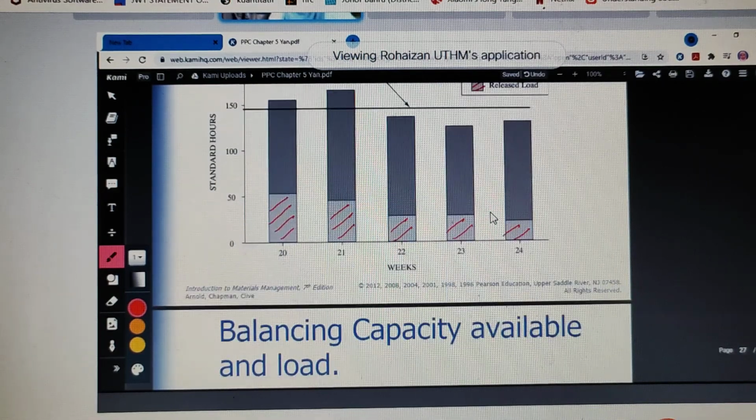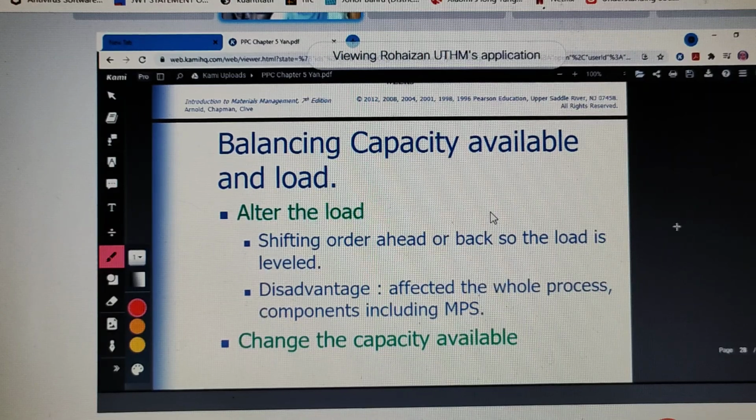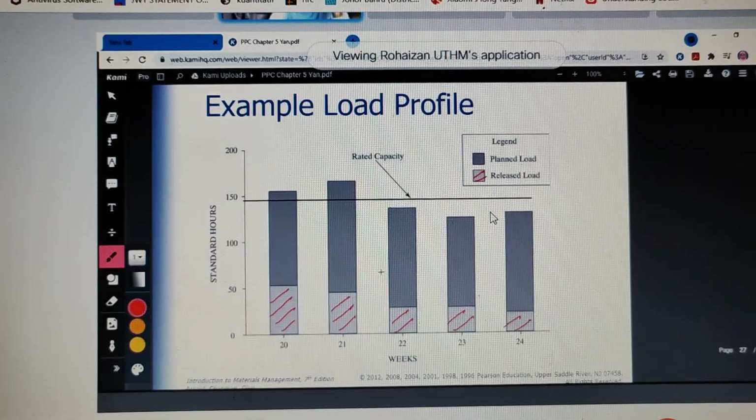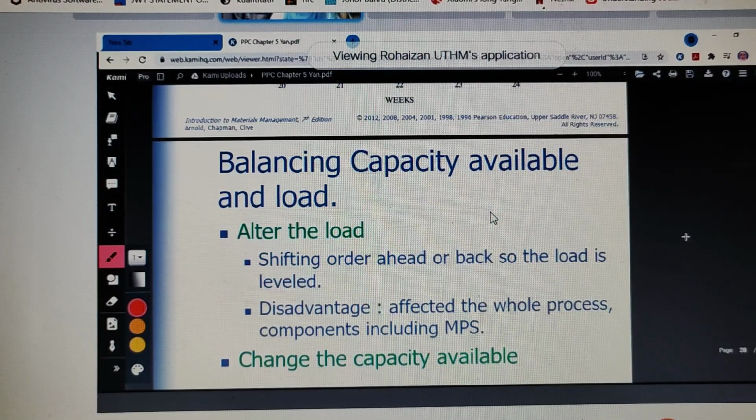Then what happens after we know that in week 20 and week 21 we have a problem with overcapacity? What do we need to do? We need to balance the capacity.